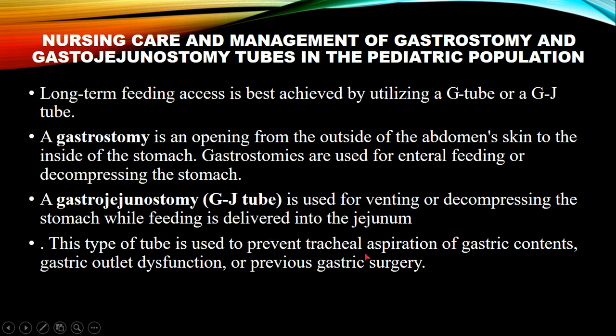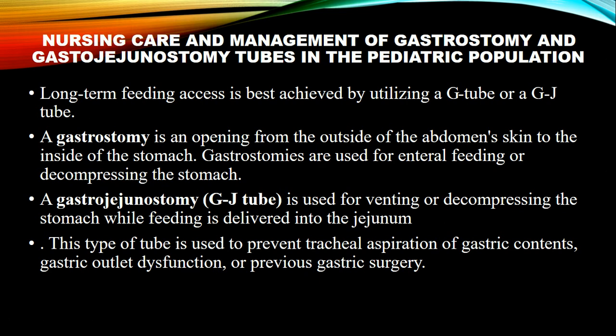Okay. So where is the jejunum present? It is part of the small intestine. In gastrojejunostomy, our tube will end at the point of the jejunum. What we are intending is that the stomach is not disturbed. So it is used for venting or decompressing the stomach, so that the stomach gets decompressed.